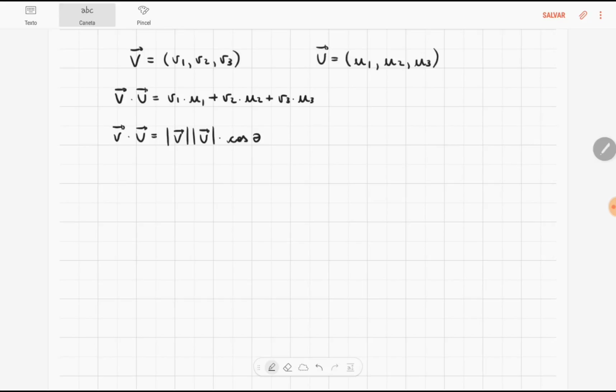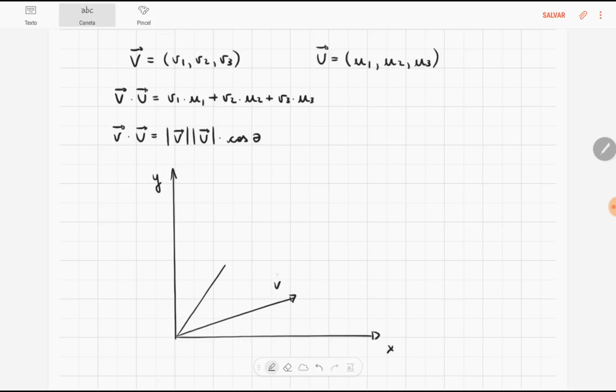Let's go to the number plane. I'm gonna draw both axes, y and x. Here we have vector v, and here is vector u. So this is v, and this is u. And the angle between these two vectors is denoted by theta.